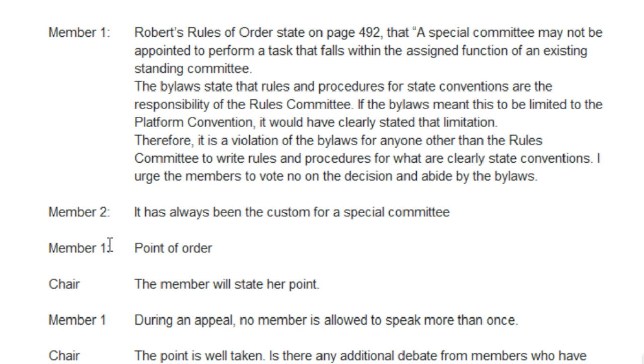If the bylaws meant this to be limited to the platform convention, it would have clearly stated that limitation. Therefore, it is a violation of the bylaws for anyone other than the Rules Committee to write rules and procedures for what are clearly state conventions. I urge the membership to vote no on the decision and abide by the bylaws. It has always been the custom for a special committee.